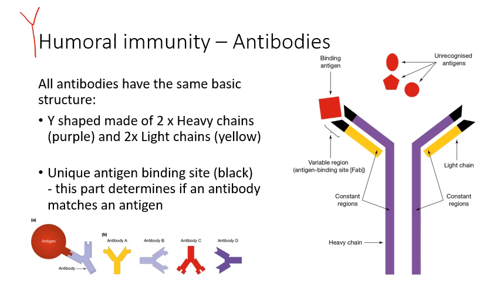So we're going to start off with what makes up the Y. Okay, so there are, I guess, three main structures that you need to be aware of. If we're looking at the diagram that's been provided on the screen here, these purple sections are called heavy chains, okay, and they make up the bulk of the antibody.